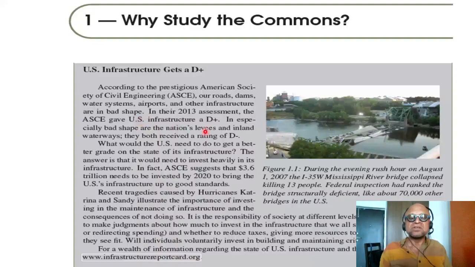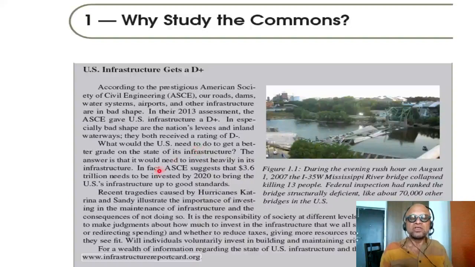In their 2013 assessment, the ASCE gave the US infrastructure a D+, pretty bad grade, just above failure. In especially bad shape are the nation's levees and inland waterways. They both received a rating of D-. That's essentially a fail.